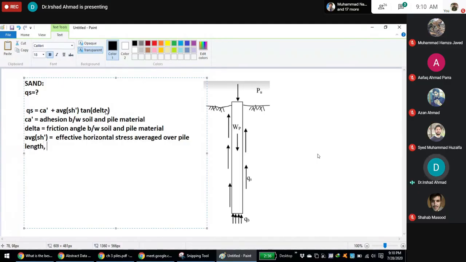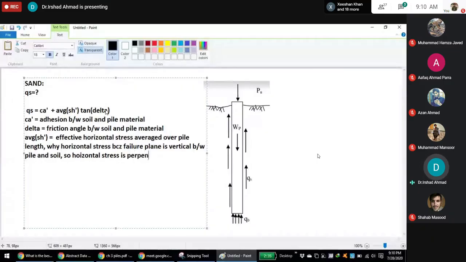Why horizontal stress? Because failure plane is vertical between pile and soil. So horizontal stress is perpendicular to failure plane.